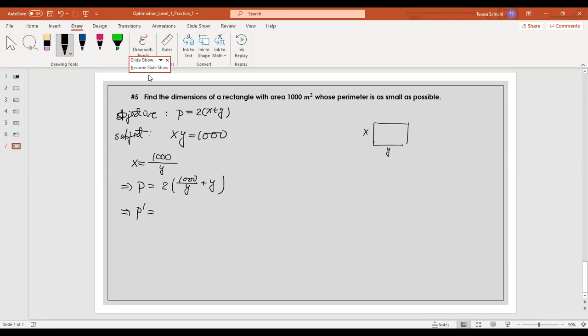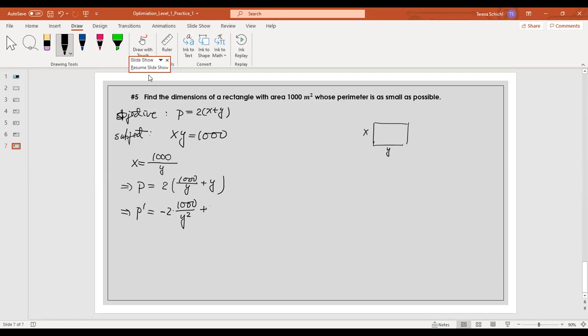Now let's take a look at the derivative, P prime. The 2 is still here. Then 1,000 times 1 over Y, and 1 over Y is Y to the negative 1. You take the negative 1 out, so this is negative, and negative 1 minus 1 is negative 2, so it's Y squared in the denominator. So it's 2 times negative 1,000 over Y squared plus 1.